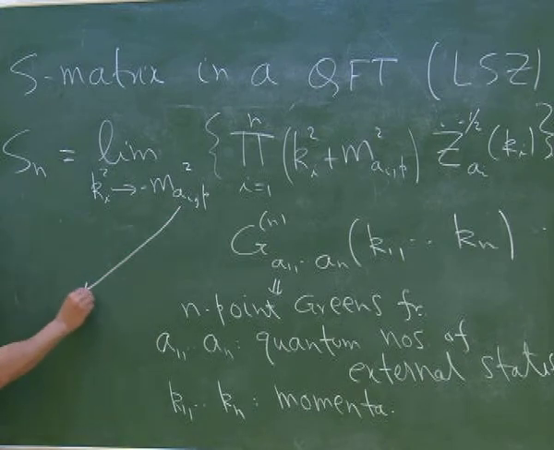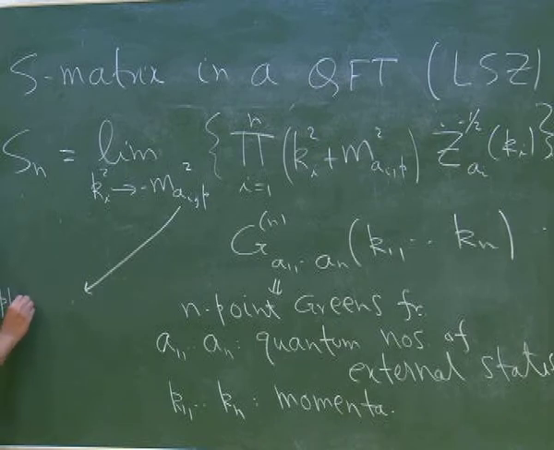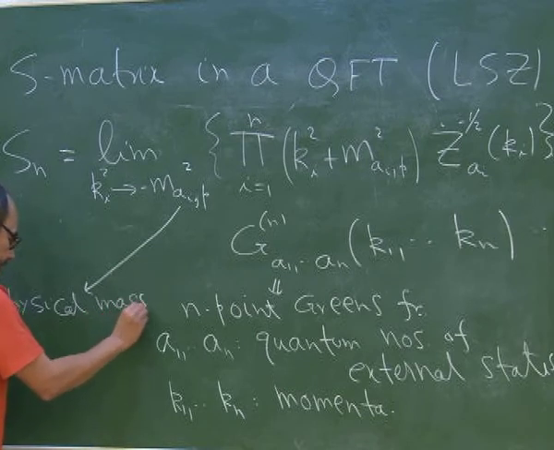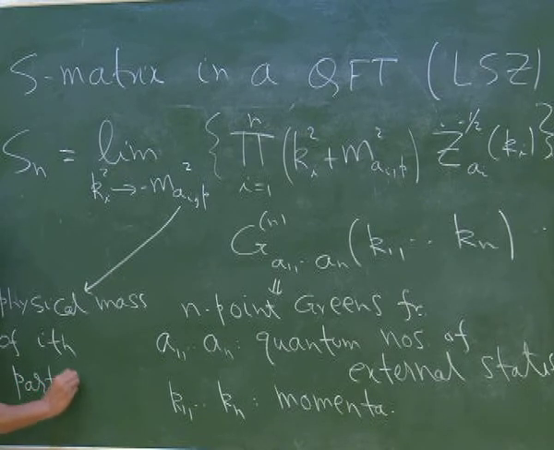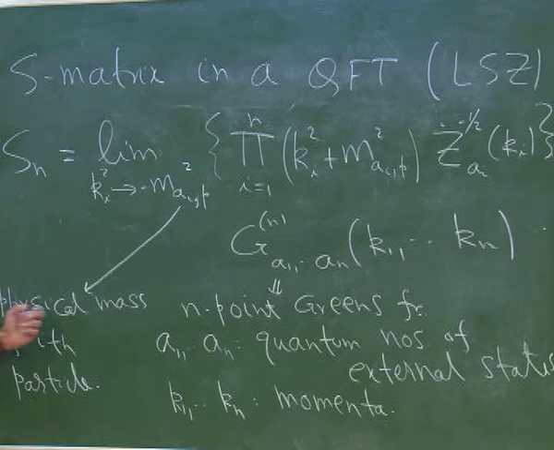This one, m_{a_i,p}, is the physical mass of the ith particle. When I say physical mass, this is the physical renormalized mass, the quantum corrected physical mass of the ith particle. That is what you have to put here in this limit.